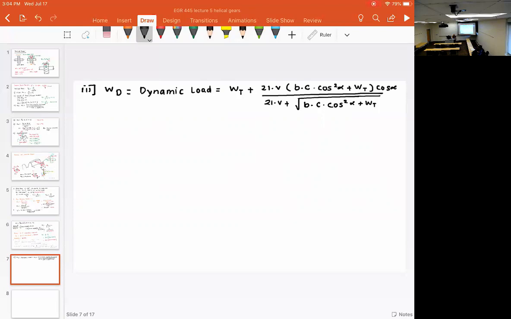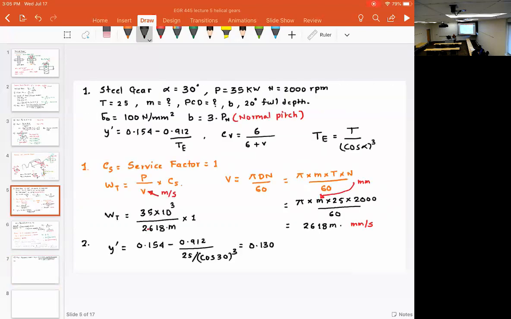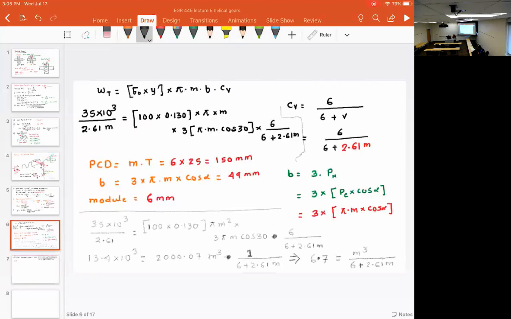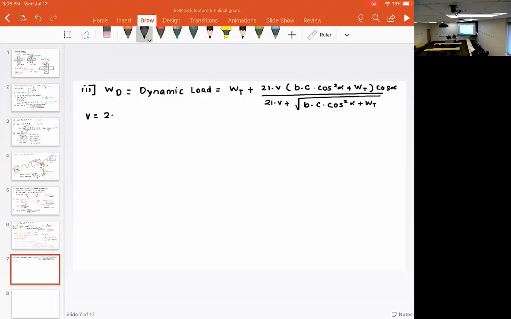So how much is V? 2.6 multiplied by module, right? 2.61. So V was 15.66. V is 15.66 meters per second.